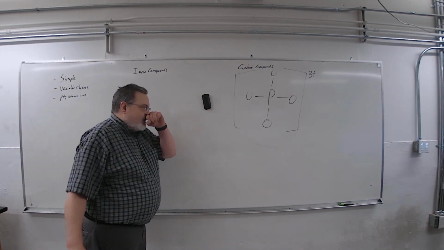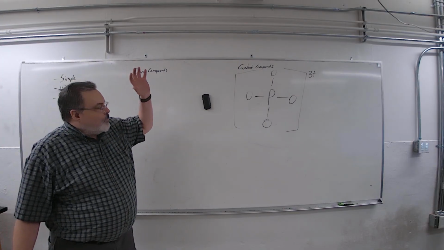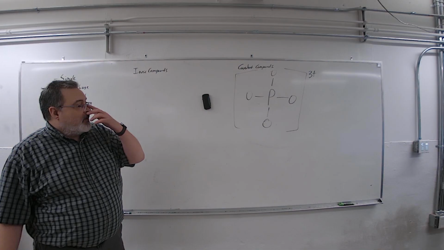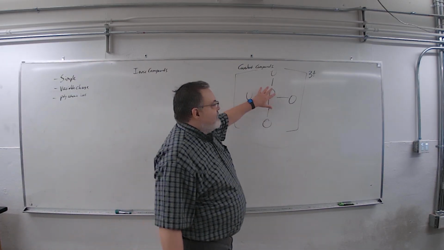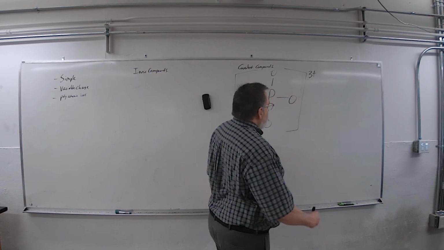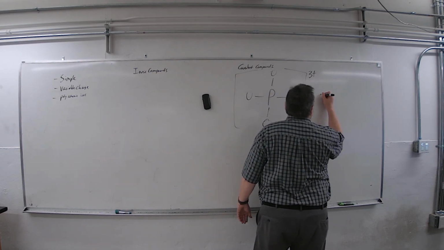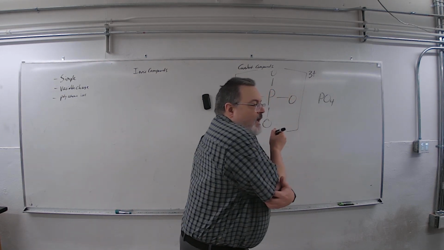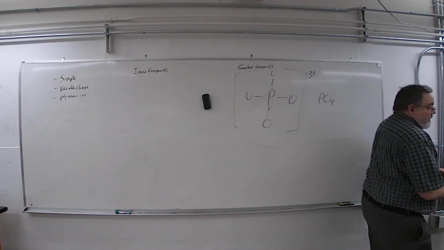Oxygen is supposed to make 2 bonds, but the covalent compounds, we'll get to these at the very end because they're really weird. But now the protons and electrons don't balance. We're missing 3 electrons to have this. If I wrote this down as a formula, I would call it PO4. And it has its own name.